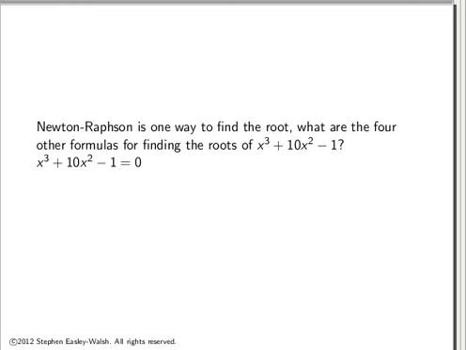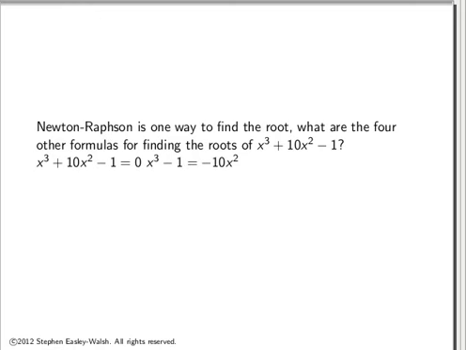Well, there's still x's in it. We just have to do a bit more work. So what you would do, one possibility, is you bring the 10x squared over. So it becomes minus 10x squared. And then what would you do?